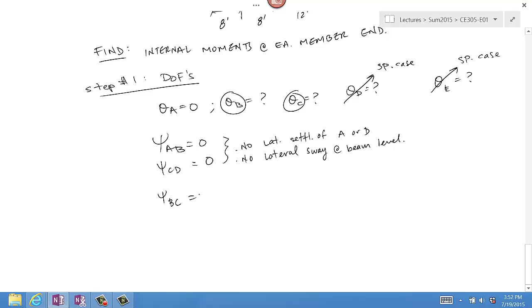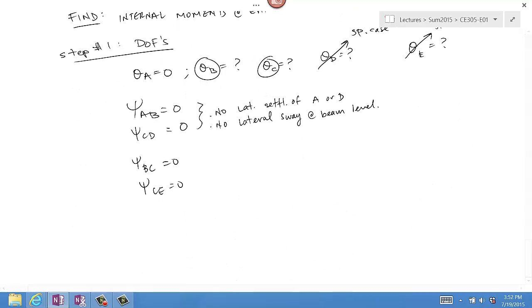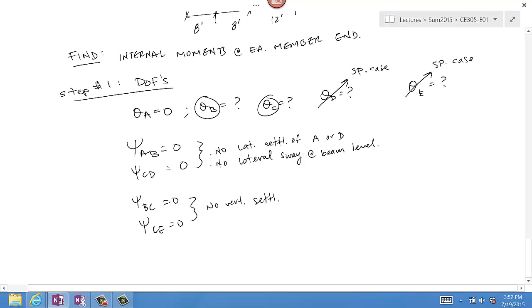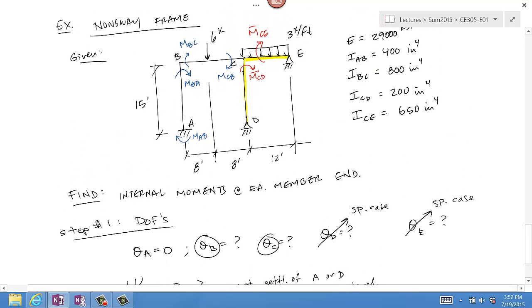Psi BC is 0 and psi CE is 0. These are for the beam segments because there is no vertical settlement in any of the supports. So in summary, there are two unknowns, theta B and theta C.